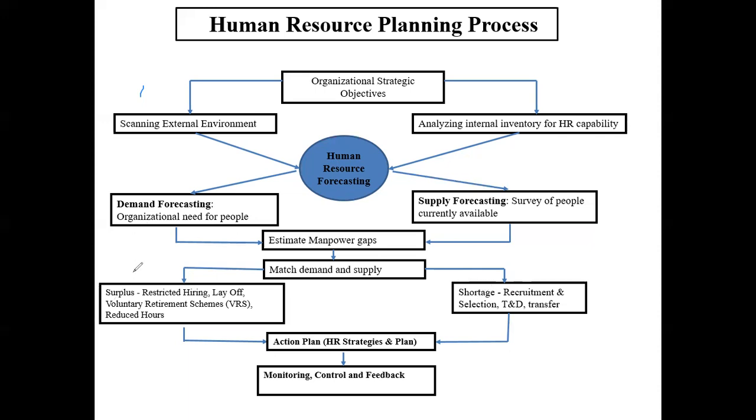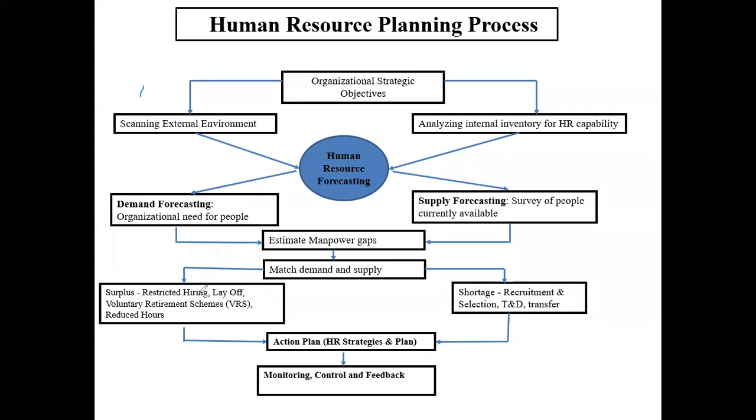In instances where there is a surplus of human resources, which means that the match of your demand forecasting outcome and that of your supply forecasting outcome indicated that you have so many hands chasing few jobs, how do you manage it? Or what are some of the action plans that you can use to resolve it? Some of the action plans, which I construe as lenient, is that you can restrict hiring.